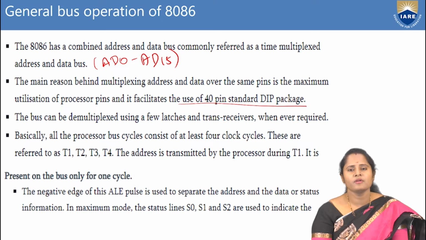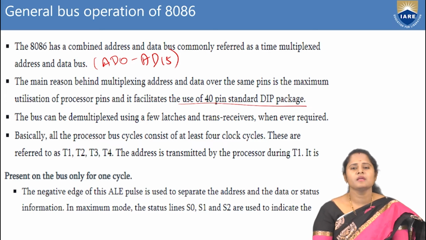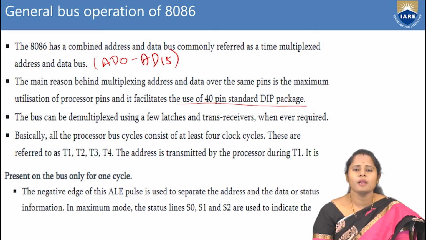For one pin to function, whether it is data or address or any other pin in 8086, I need to apply a voltage equal to 1. The pin will be set, and then the function starts operating.